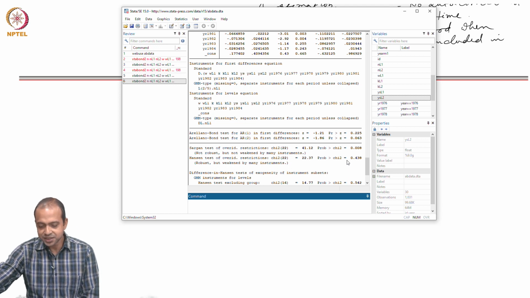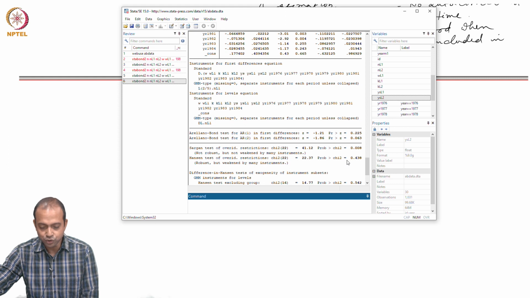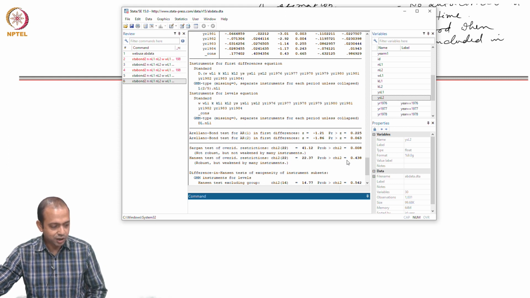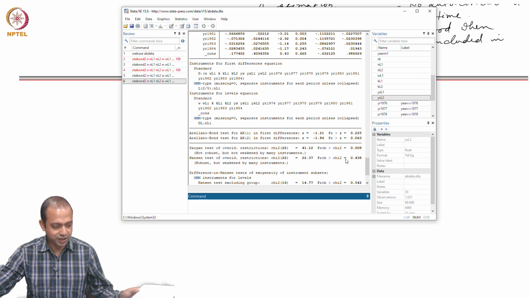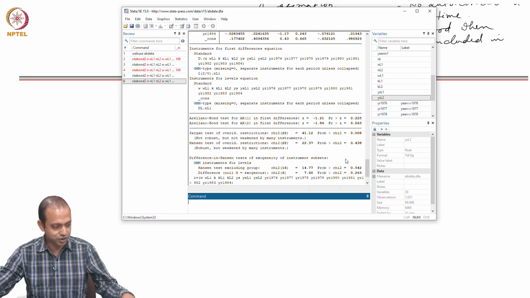Since this is the case, what about our Hansen test of over identification? Hansen test of over identification is also satisfied. So probably we need to change the command over here. We can actually use W and capital K also as GMM style instruments in this situation, right.